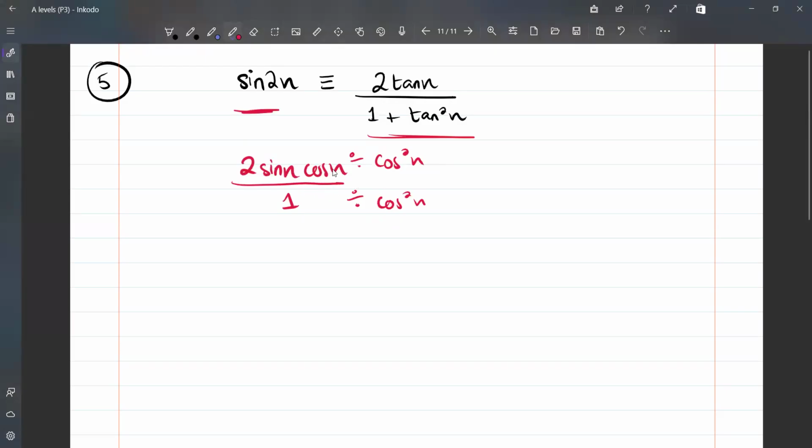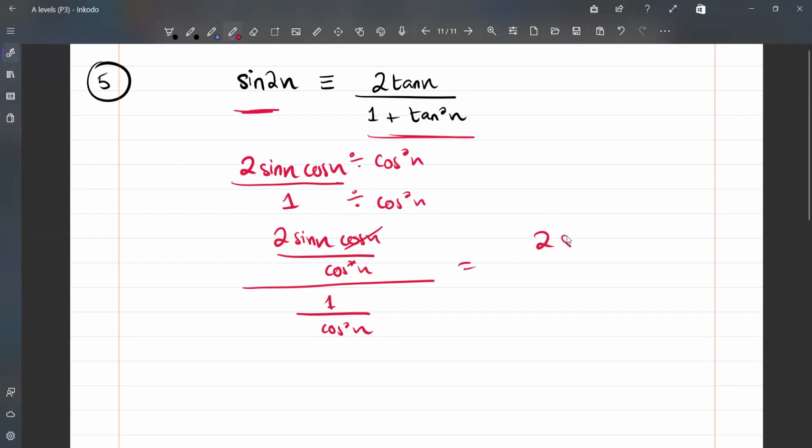And to get rid of this cos x, 2 sine x cos x upon cos square x upon 1 upon cos square x. See, we got rid of this cos x. 2 sine x upon cos x divided by 1 upon cos square x.